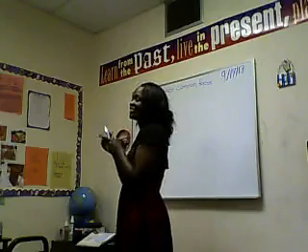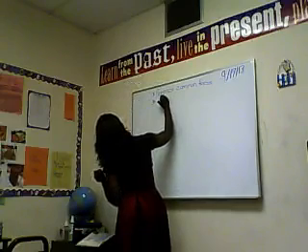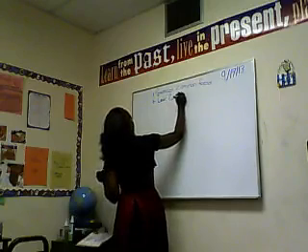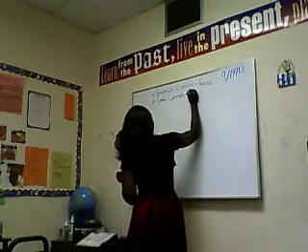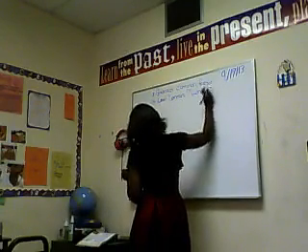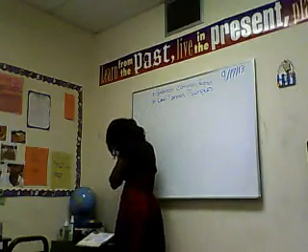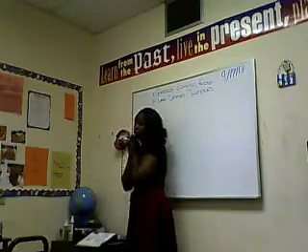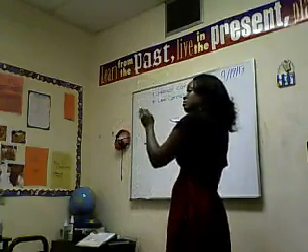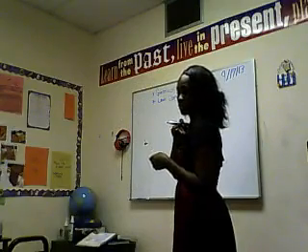Very good. What are multiples? The least common multiple is found by taking a number times another number.